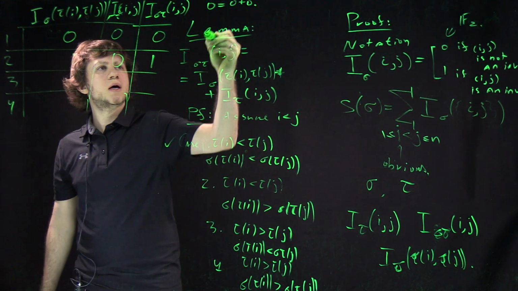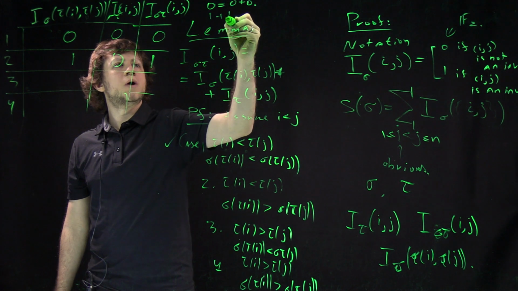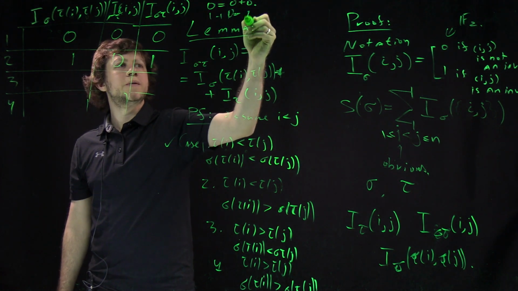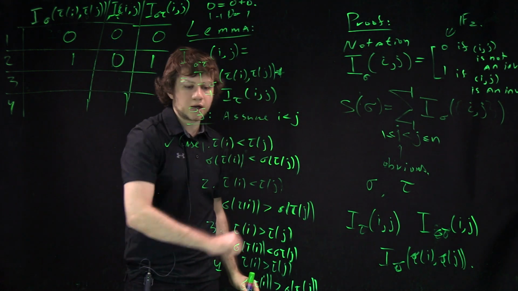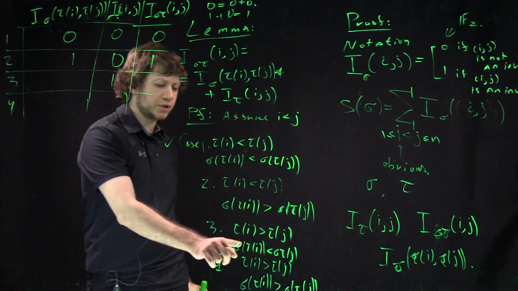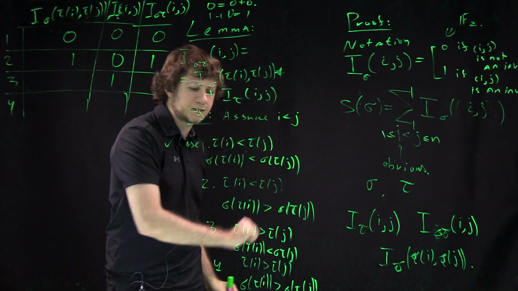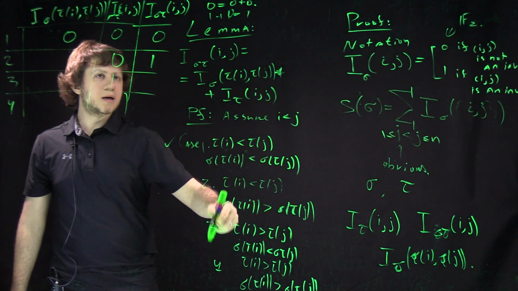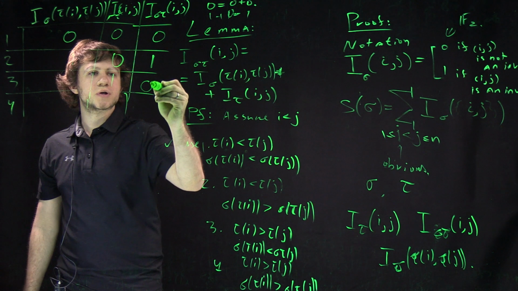And we get a formula 1 plus 0 equals 1. So here we have tau of i bigger than tau of j, this is an inversion. Sigma of tau of i is less than sigma of tau of j, this means that this is not an inversion.